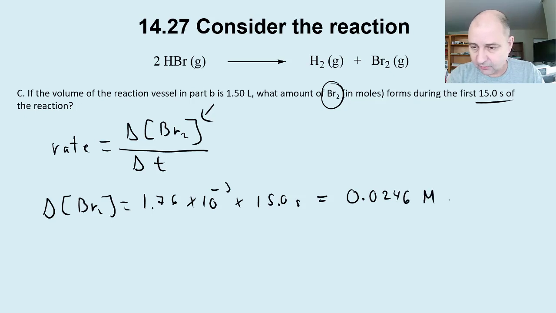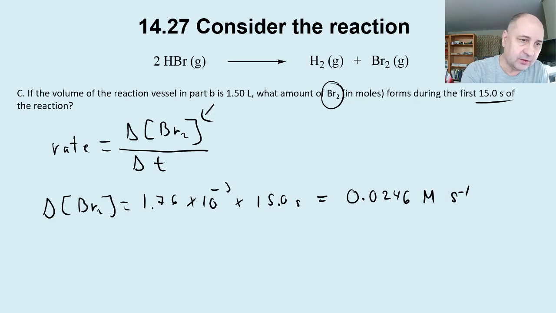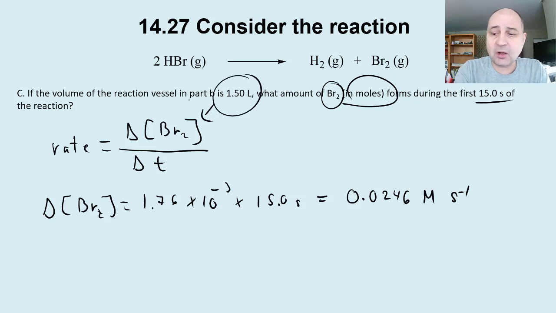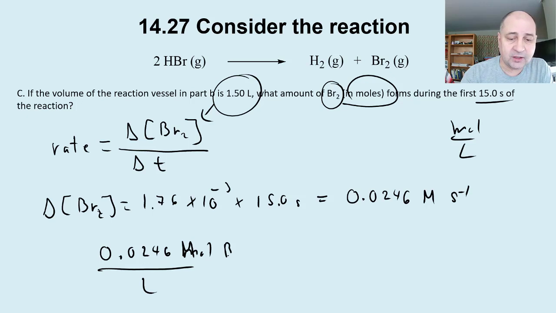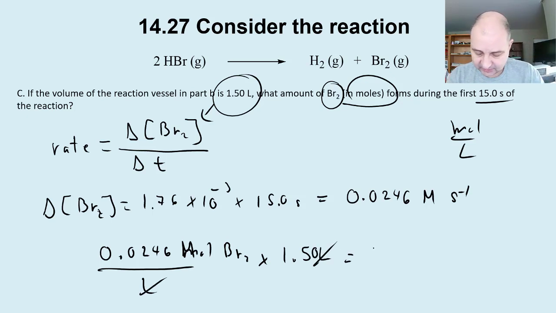So that's 0.0246 molar. That's for bromine, but they're asking for the number of moles of bromine, and they're giving us a volume, and we know that molarity is moles per liter, so we simply take the 0.0246 mol, which is moles per liter of bromine, and we multiply it by 1.5 liters, and so that gives us 0.0400 moles of bromine.